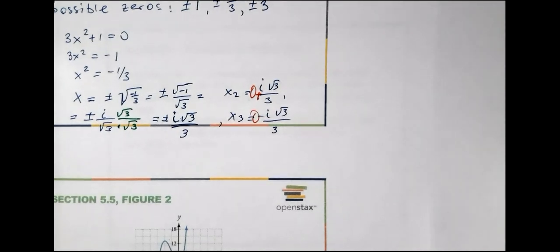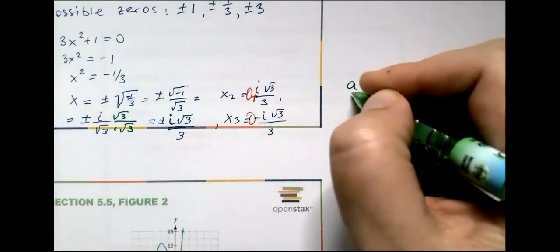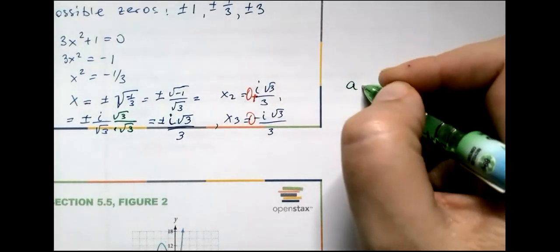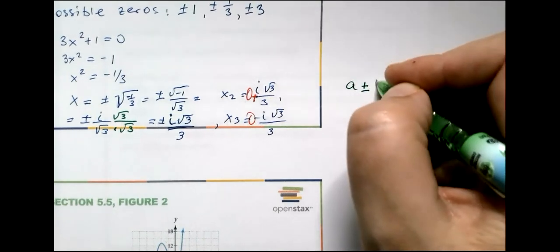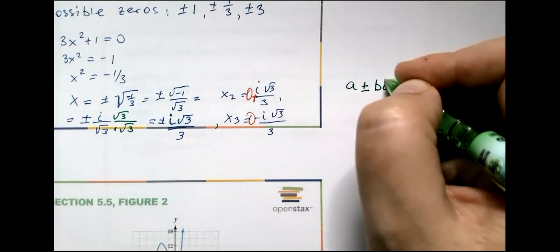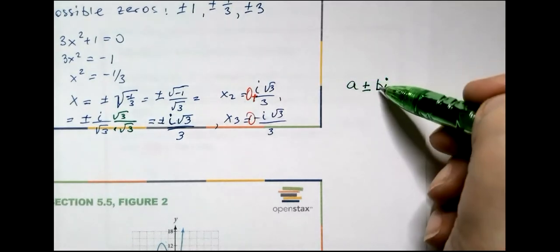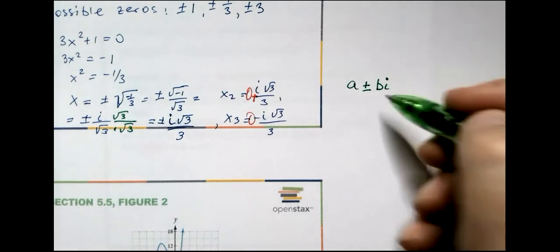Usually complex numbers are written in this form. It's a, which is some real part, plus or minus b, another coefficient, multiplied by i. And a and b could be any real number. It could be a whole number. It could be an integer.